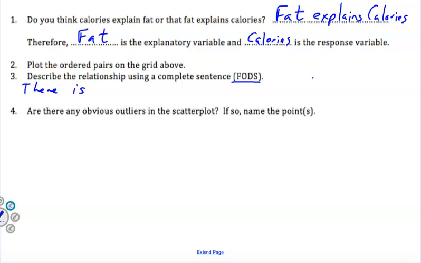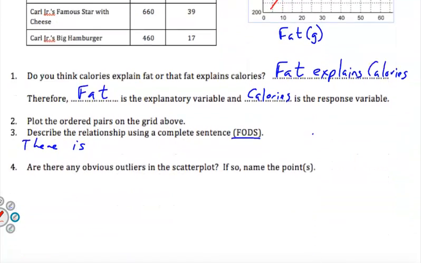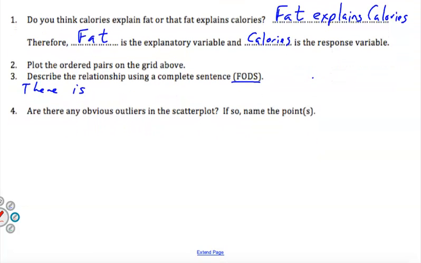is, and then we have to look at our data. Is it strong? Is it weak? To me, this looks very strong. If you kind of think in your head, I have to draw a line between here. All of those dots are pretty tight to that line. And so there is a strong, and then you got to say what type, is it positive or negative? And so if you look at our line, it's going up.